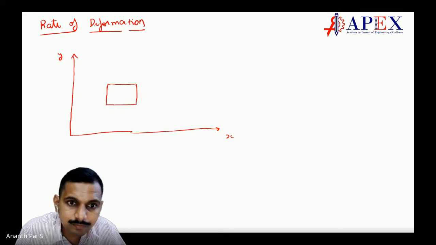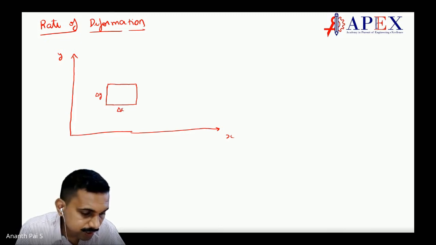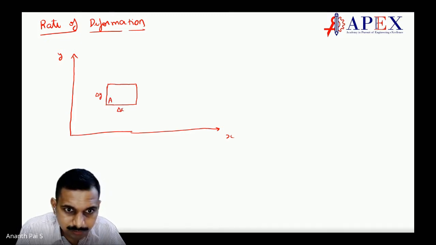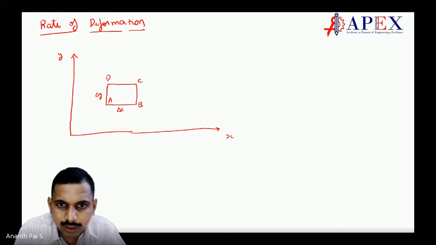Now what happens? In a similar way, this is delta x. Now this is A, B, C, and D. Now this has moved to a new position over here.